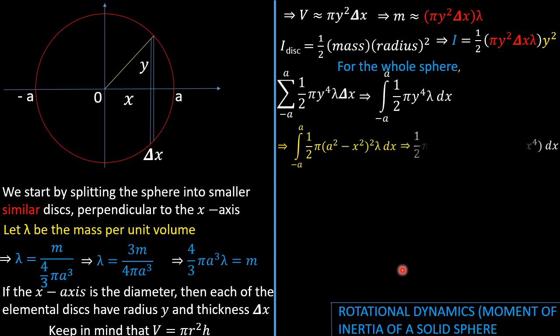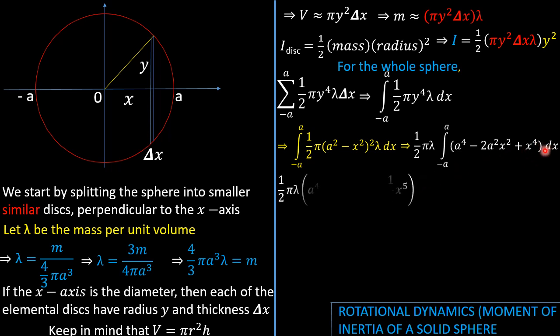So friends, if we simplify further, we are going to have 1/2 pi lambda. Since they are all constant, they come out of the integral. Then we have the integral going from negative a to a of, expanding what we have inside, a to the power 4 minus 2a squared x squared plus x to the power 4 dx.